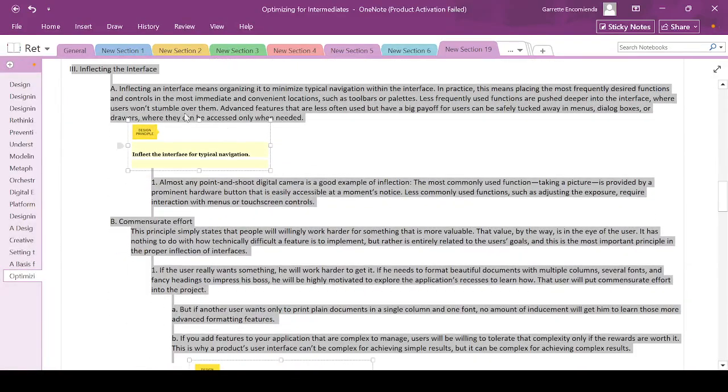Inflecting the interface. Inflecting an interface means organizing it to minimize difficult navigation within the interface. In practice, this means placing the most frequently desired functions and controls in the most immediate and convenient locations, such as toolbars or palettes.